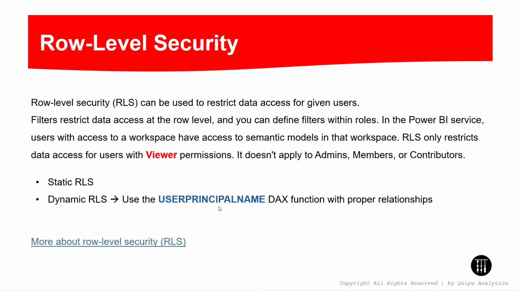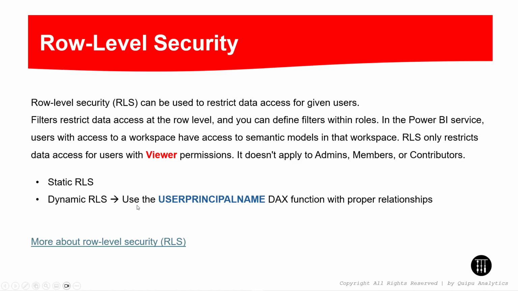Role level security. As it says right here, role level security can be used to restrict data access for given users. Filters restrict data access at the role level, and you can define filters within roles. And we have 2 different types of role level security: static role level security and also dynamic role level security.